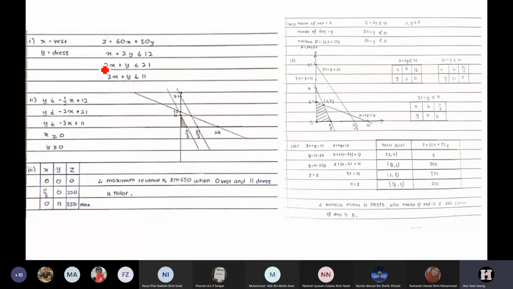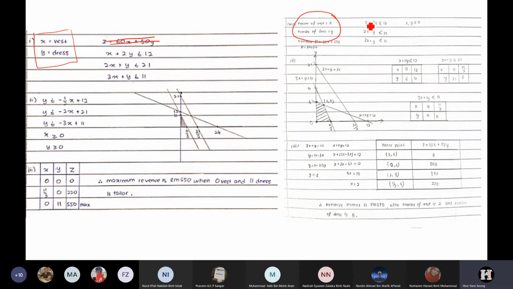It's good that we indicate x equals vest, y equals dress. So this also has the number of vests is x, number of dresses is y. Because the question is asking for constraints only, actually this one is not needed. They only want these 3.